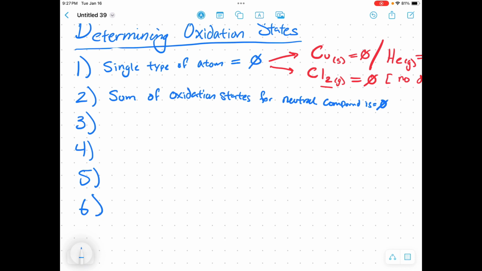And we'll talk about that rule a little bit more when we come back and we do an actual example. But our next rule is the sum of oxidation states for a polyatomic ion is its charge.